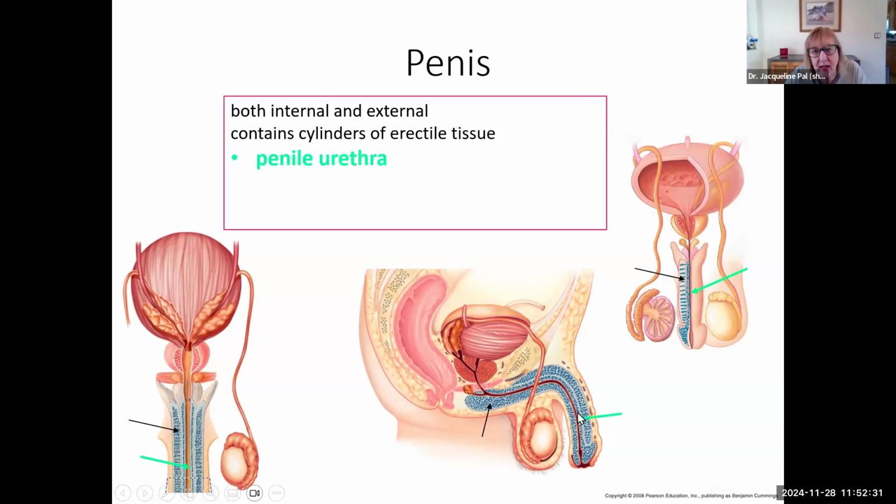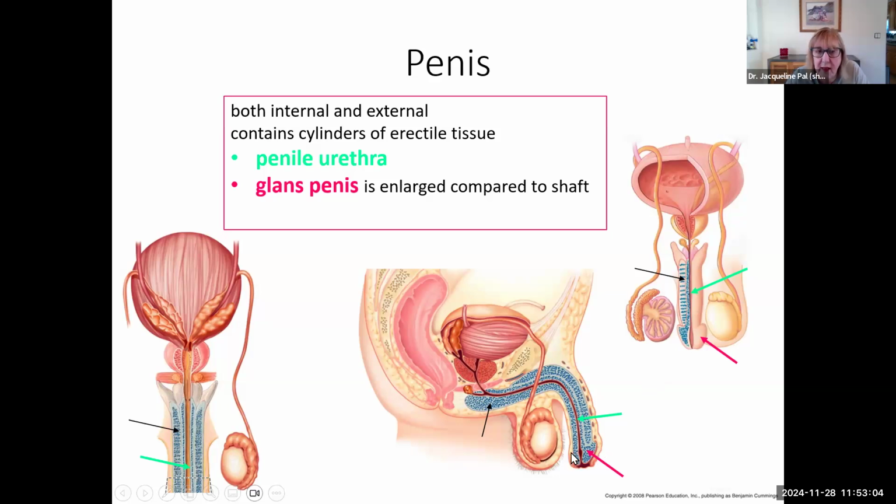Going the entire length of the penis is the urethra. So this part is called the penile urethra because it's in the middle of the penis. The head of the penis, it's not called the head of the penis, it's called the glans penis. And you can see it with the red arrows that it has a slightly larger diameter compared to the shaft of the penis.